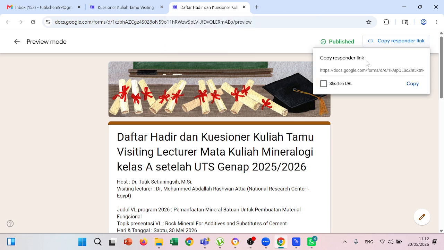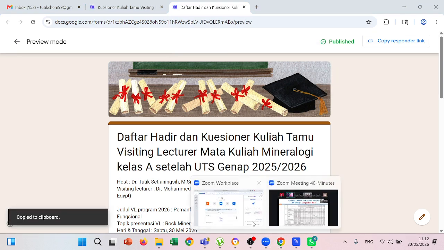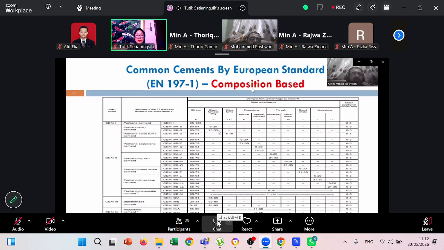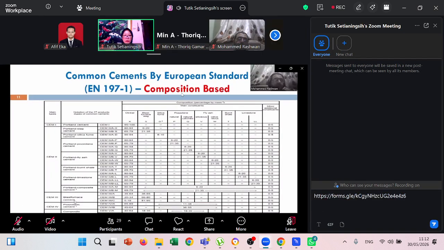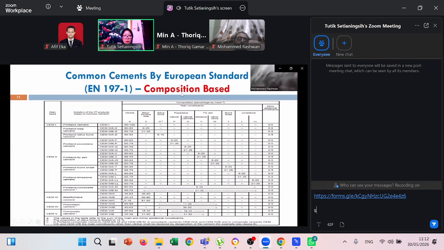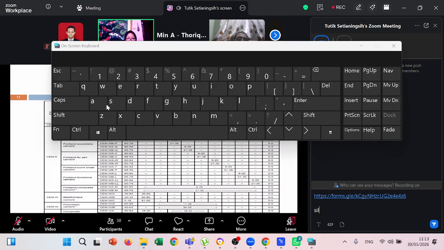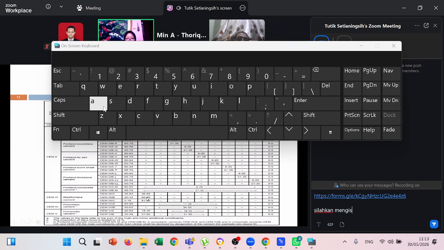Firstly, Portland slag cement includes a few percent of blast furnace slag, up to a maximum of 35% slag. But blast furnace cement is a reverse name. Why? Because it's composed mainly of slag, maybe 95% slag, or 80% slag, or 65% slag, with a few percent of clinker.